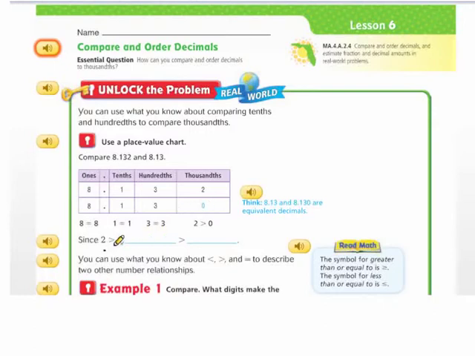So since 2 is greater than 0, I know that 8 and 132 thousandths is greater than 8 and 13 hundredths.